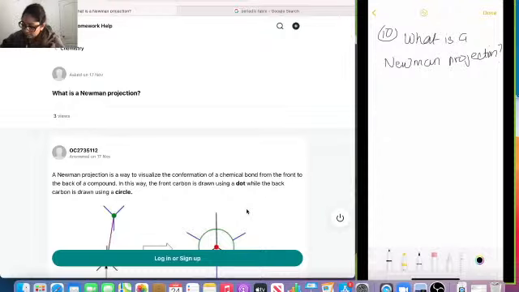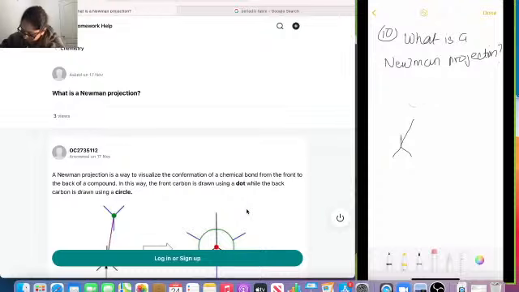Basically, you're visualizing the conformation or the structure of a chemical bond from front to back. So the structures are basically drawn like this, right? Let's say we have this, and then I'm just going to draw this.